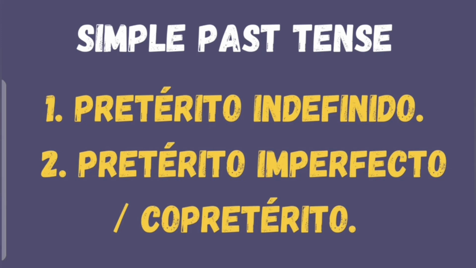And the second is the imperfect past, el pasado or pretérito imperfecto, also known as copretérito. So the simple past in Spanish has two types: the indefinite past and the imperfect past.